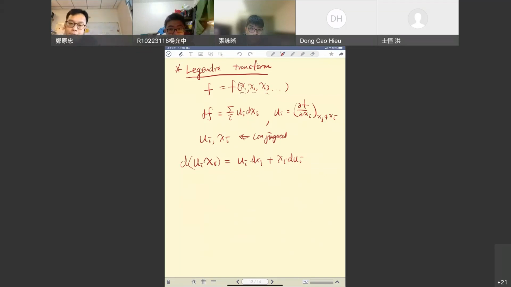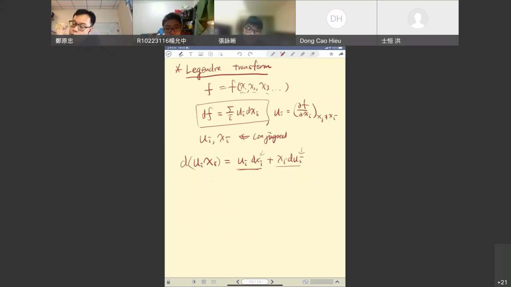So basically, let's go back here. df is this. And let's consider changing just one conjugate variable. This actually allows us to switch two conjugate variables.